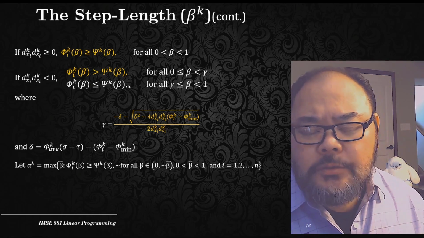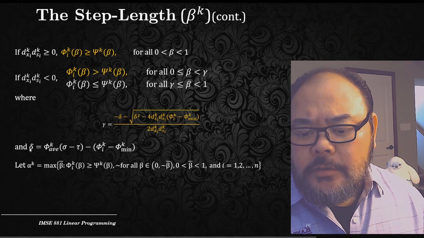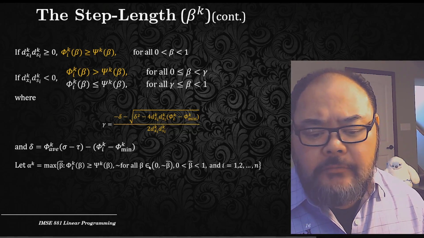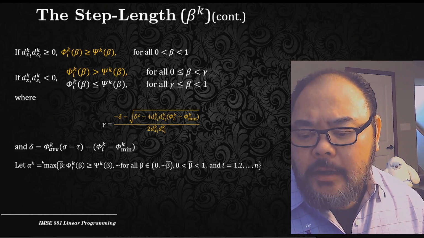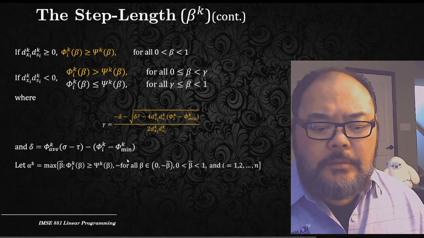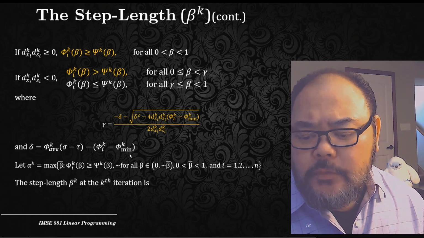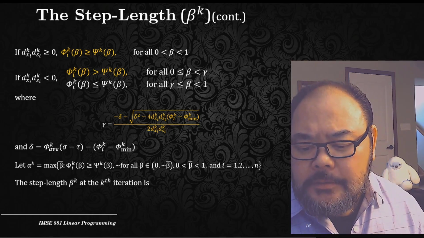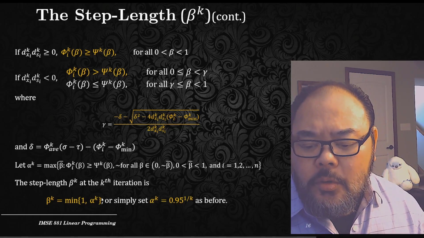The measurement is what we just defined on the previous slide. And we can also figure out a maximum value. We only look at these two situations to determine a bound called alpha k, which is a maximum that satisfies these two. Therefore, the step length for the k-th iteration can be defined easily as the minimum of 1 and alpha k.